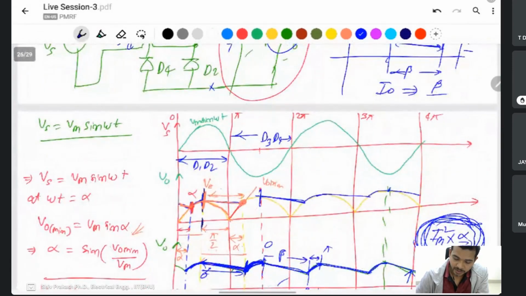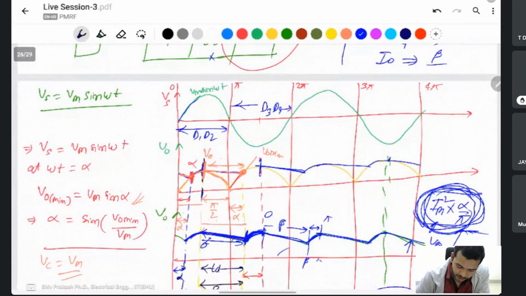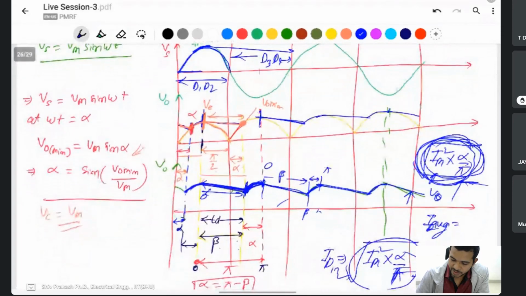You understand what I mean? This is D1 and D2, but this one is D3, D4, and D1 is on only out of the 2 pi, not pi. That's why I took 2 pi. So it will be Im square into alpha by 2 pi.